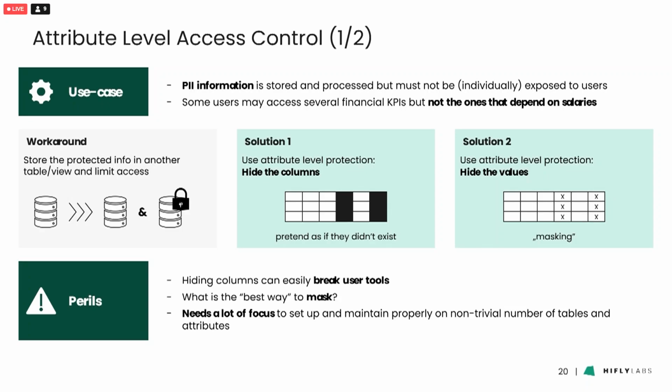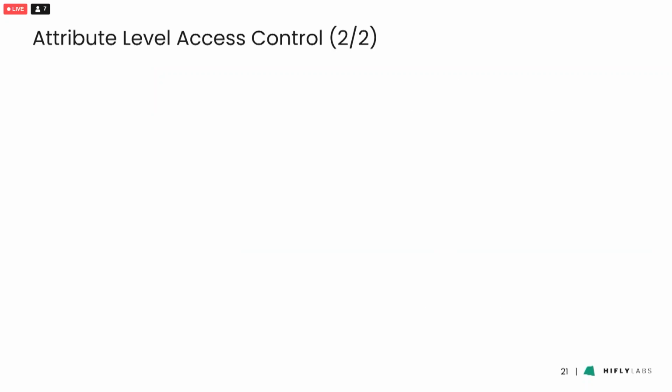For example, for numerical figures like salaries, you can basically only use null, which is either good or not, depending on what the use case is. And it takes a lot of focus to set it up and to set it up correctly. Again, this information is going to be present in many tables across the application. So you have to be very careful to mask it everywhere. Okay.